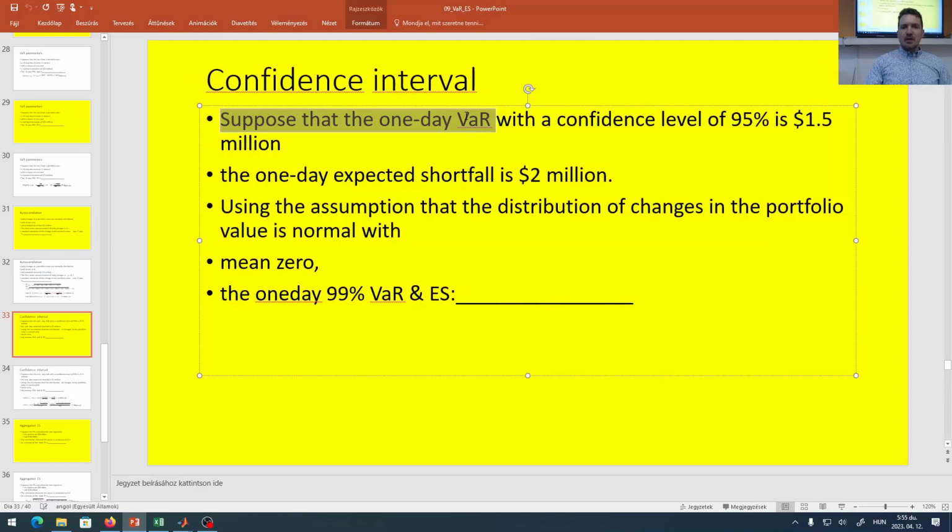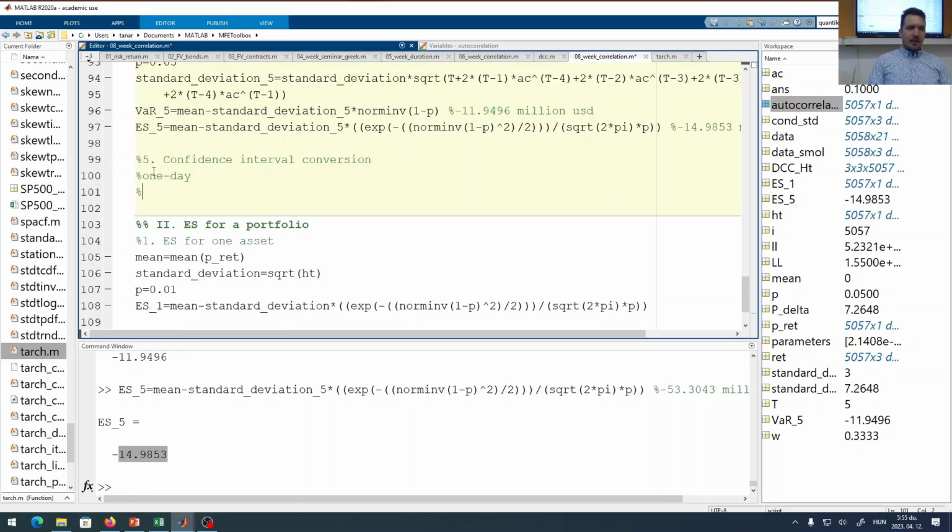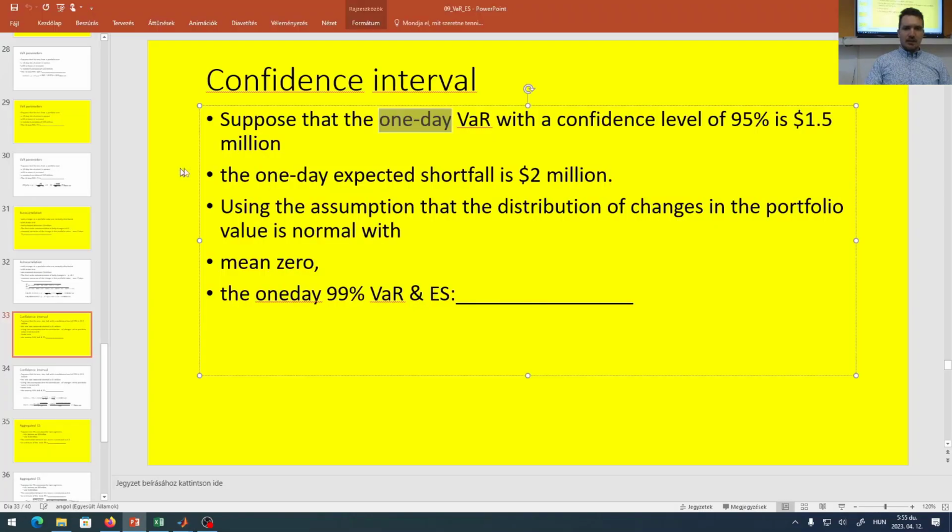Okay, suppose that the 1 day VaR with a confidence level is given, so 1 day. We are keeping this fixed. Then, next thing.